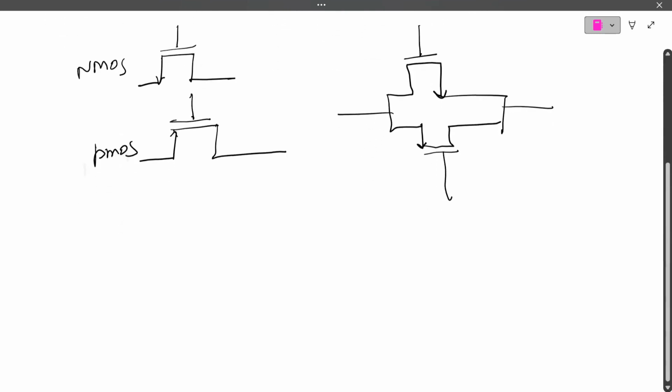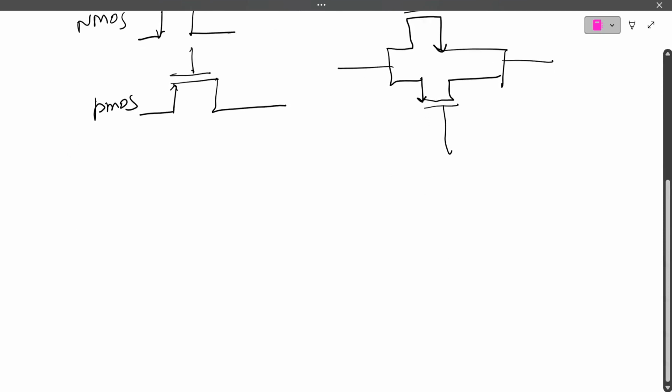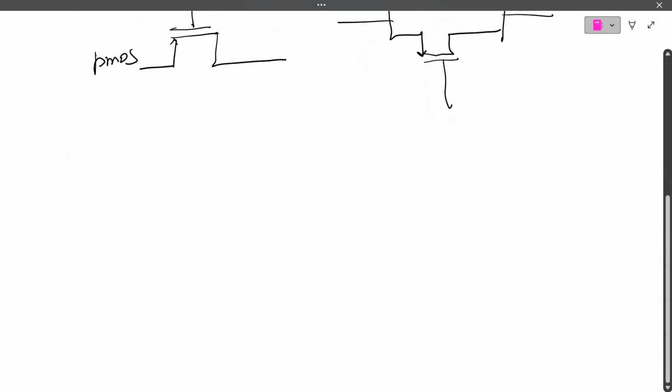As we know, the NMOS is good for passing a zero, a low value, right? So how is it good for passing the low value? This is the NMOS.